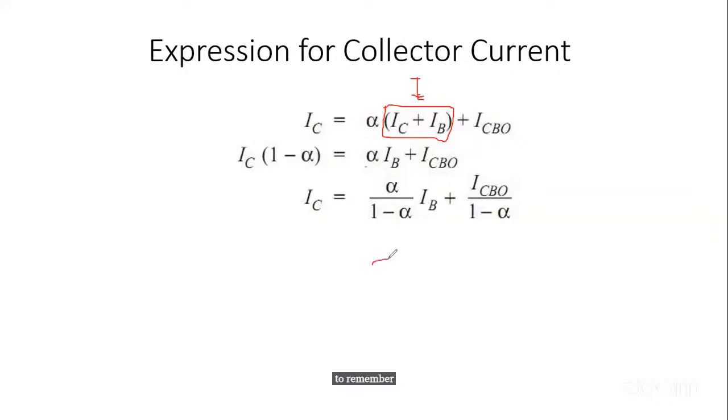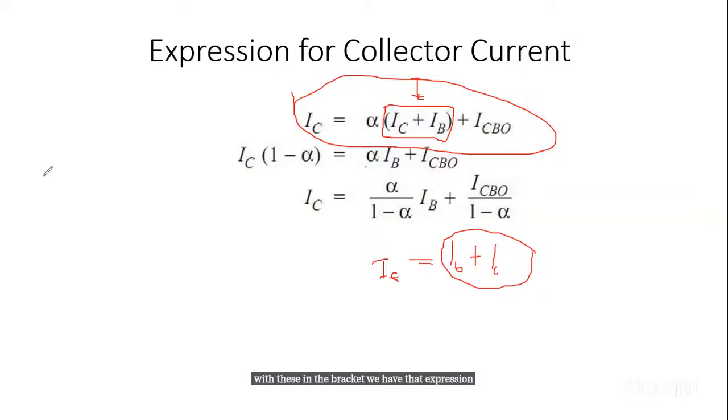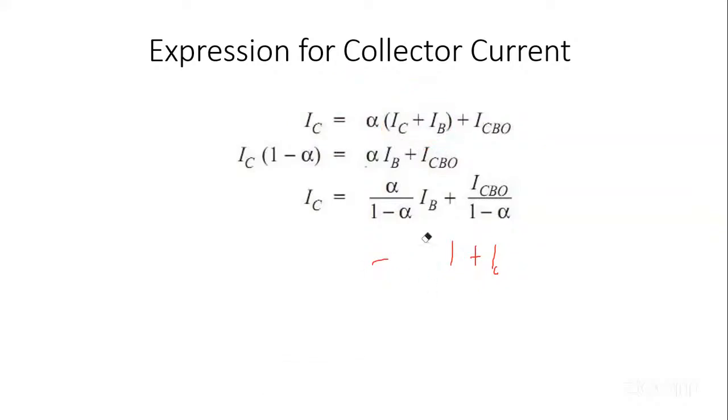Remember that IE is equal to IB plus IC. So if we replace IE with this in the bracket, we have that expression. So the next thing to do there is to simplify. Open the bracket, take common terms, and then simplify to get that expression.